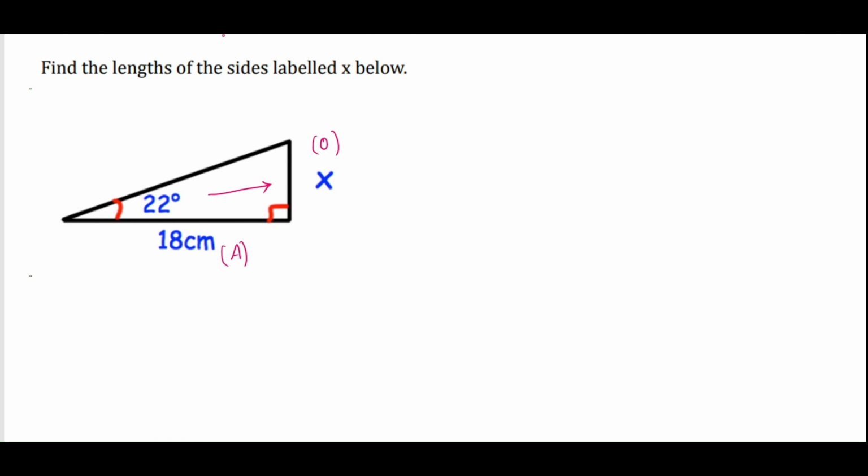And so we use TOA because we have our opposite and our adjacent sides. Tan theta is equal to opposite over adjacent, and we substitute our values. So tan 22 is equal to x over 18.